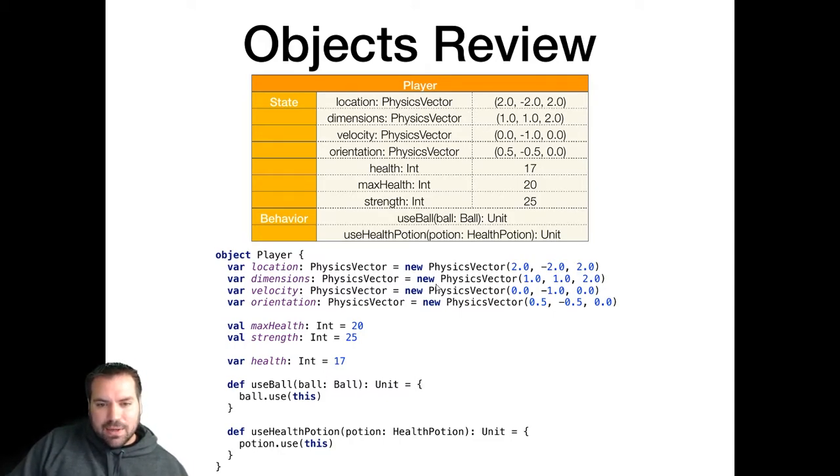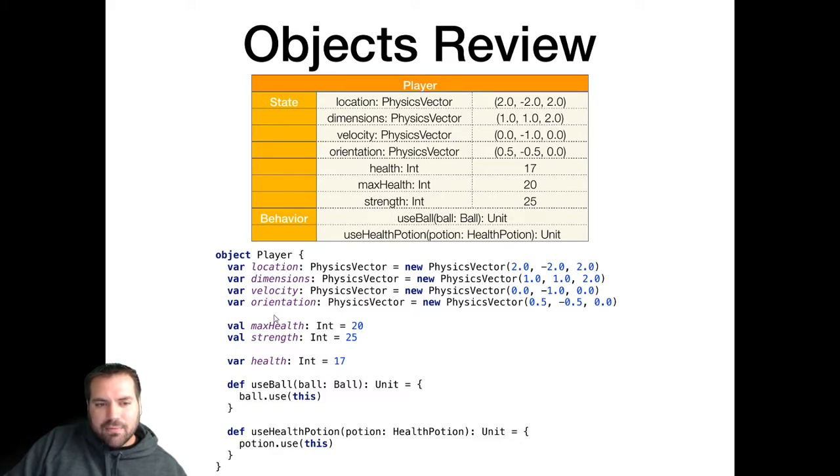Player's velocity, including direction, is a vector, and orientation. Which way is the player facing? So they might be facing one way, but their velocity is another way because they're strafing or whatnot, whatever way they're looking. And we want to use the orientation for when they throw a ball. They're going to throw it according to their orientation, not according to their velocity.